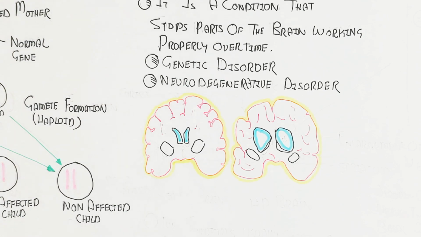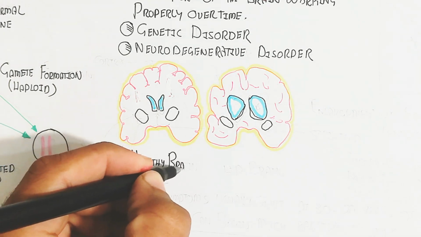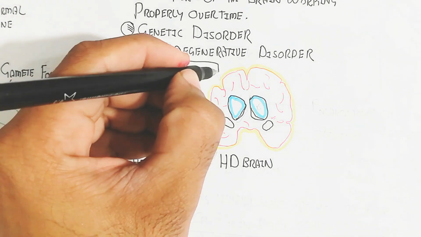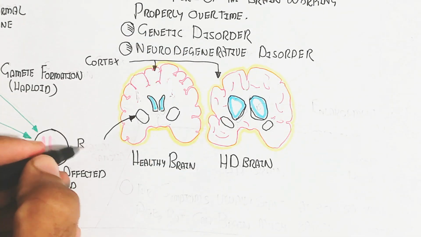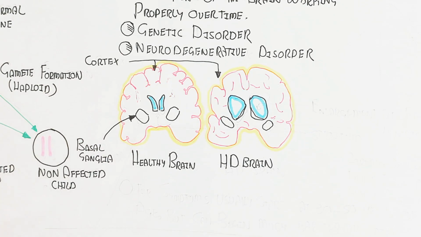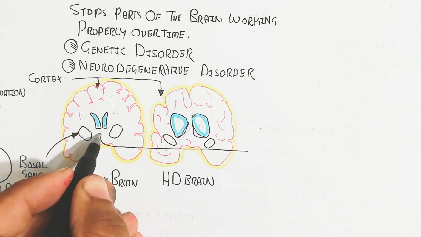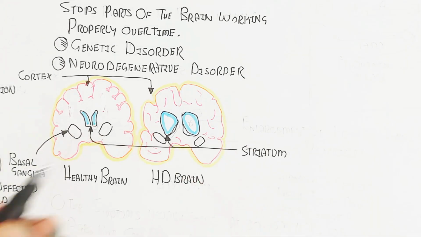Let's understand the normal brain and the abnormal brain in HD. Huntington's disease is HD for short. The cortex is affected, and there is enlargement of the frontal horn of the lateral ventricles; the blue color is showing the ventricle. This is the healthy brain and the HD brain.